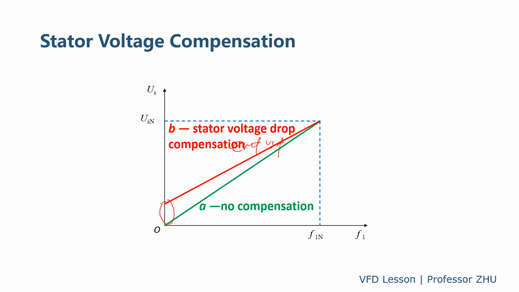So the actual motor terminal voltage will be the red curve, not the green one. This is the voltage drop on the stator for compensation. But at high frequency and high voltage, because the portion of this voltage is very small, it can be neglected.